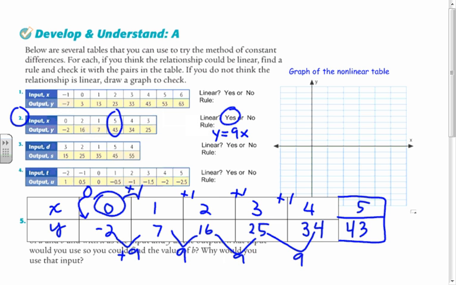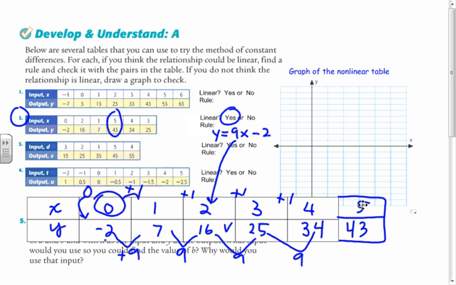Just think about what you would have to add to get the y value, and that would be a minus 2. So if I just subtract 2, I'll have a rule that works. You can check that on another one, like if I take 9 times 2, that's 18, and 18 minus 2 is 16, so that checks out.